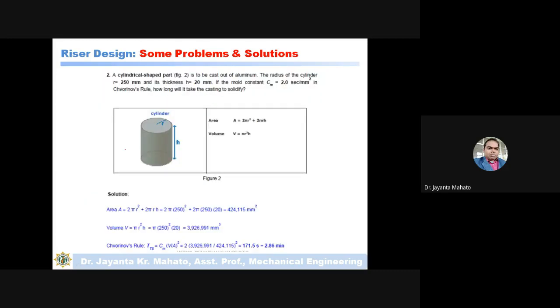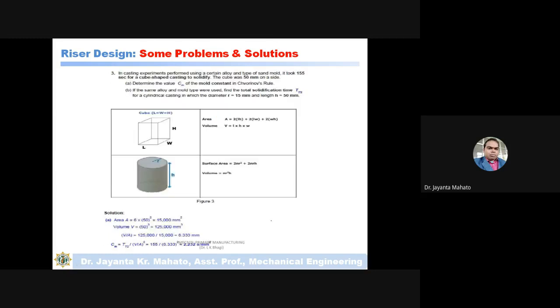Another, if the shape of the casting product is like this, then you can also easily calculate the area and volume of the cast product, and you can easily calculate the solidification time, by Chvorinov's rule. Okay, so these are some examples.